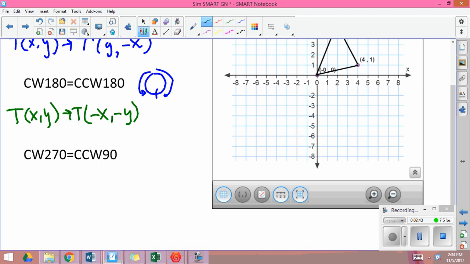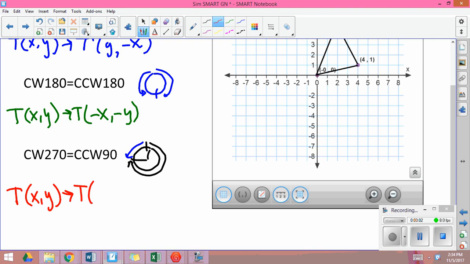And then clockwise 270, if I start here and I go 270 degrees to here, or if I go counterclockwise 90, the same rule, I end up with the transformation of x, y becomes opposite sign on y, x. So I've got to switch the order but do the opposite sign on y.